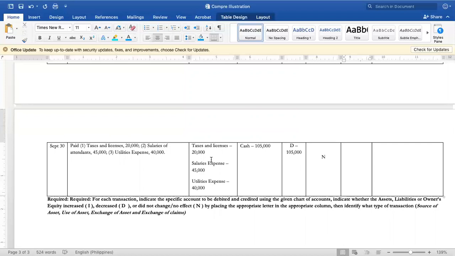Since these are expense accounts, the normal balance of expense is debit, so it will increase the total expense account, but it will decrease your owner's equity account because the normal balance of owner's equity is credit. So decrease by pilay total ani, that is 105,000. What type of transaction? Decrease in asset, decrease in owner's equity, that is a use of asset transaction.